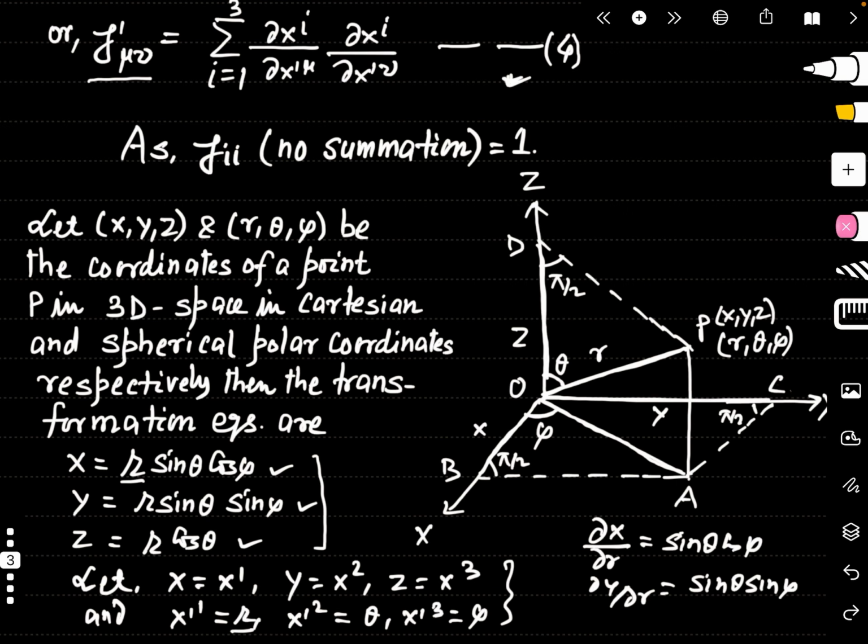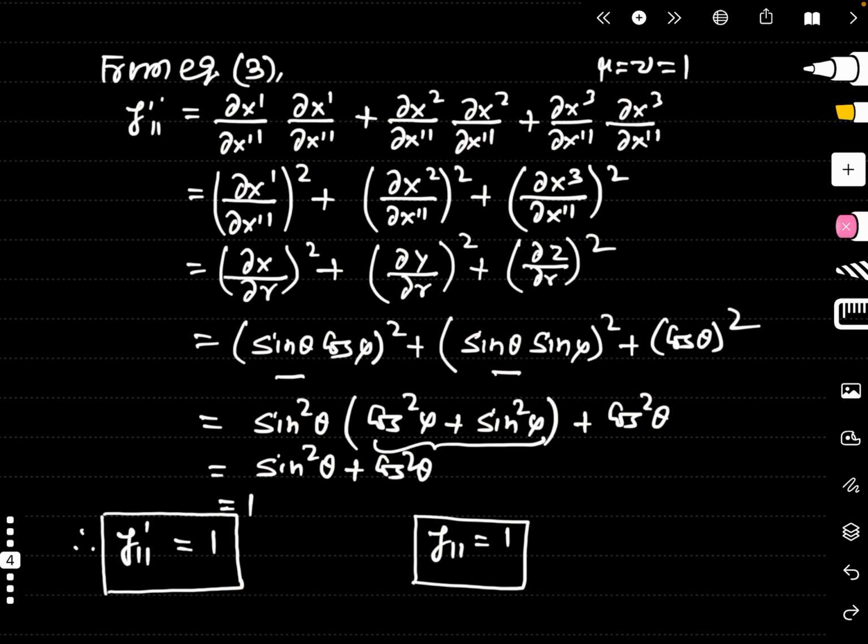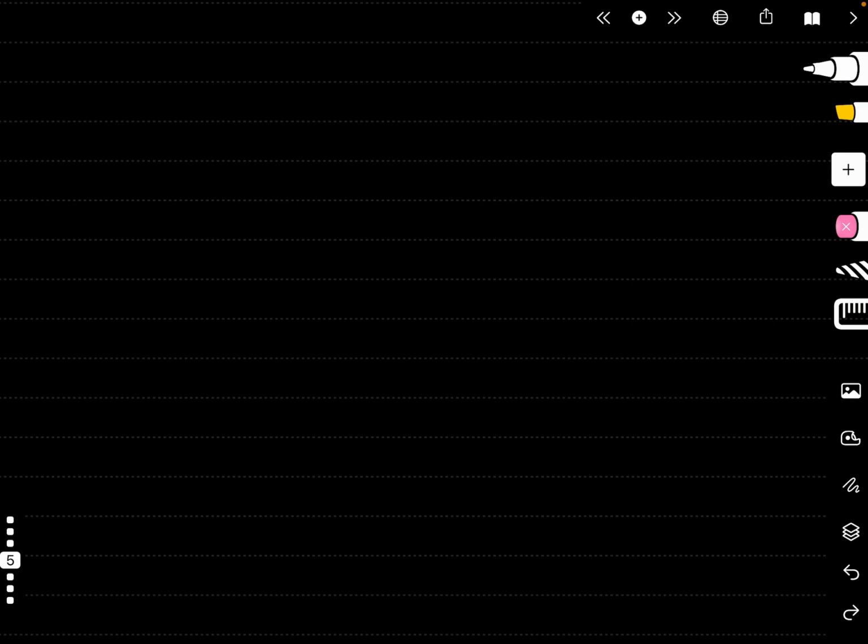When you find G prime 2 2, it means you are taking mu equal to 2 and nu equal to 2, and for I there will be summation from 1 to 3. So in the light of this equation 4, again you can find the value of G prime 2 2. See the result.